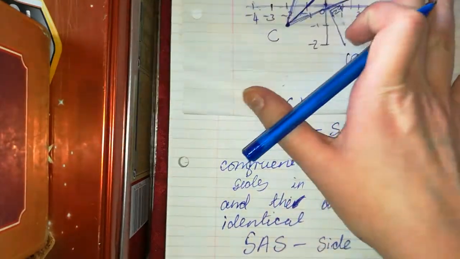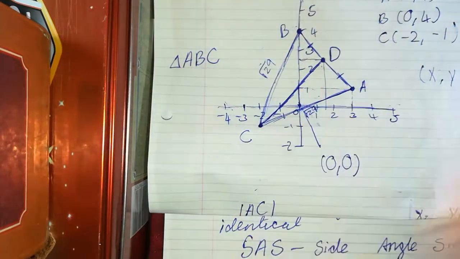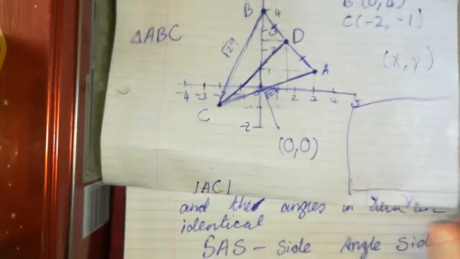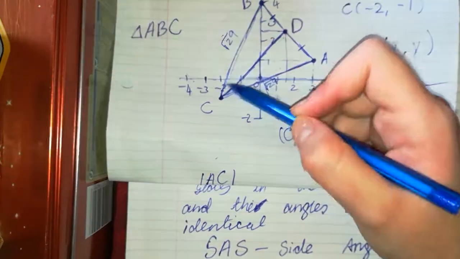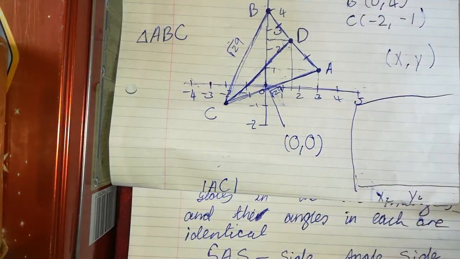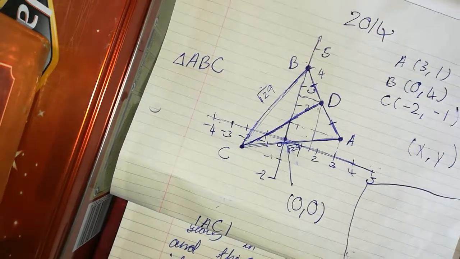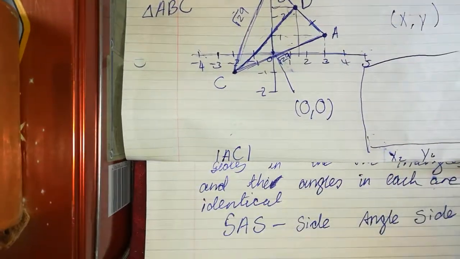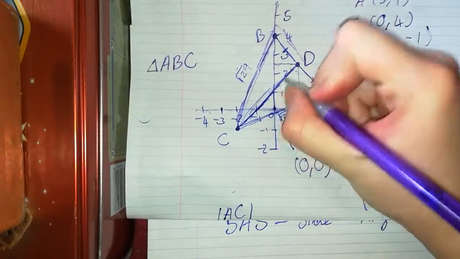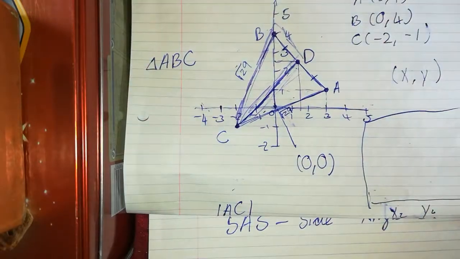So firstly, I'll just do a bit here for my proof. If I'm looking at this triangle here and this triangle here, I might just underline them in a different color.